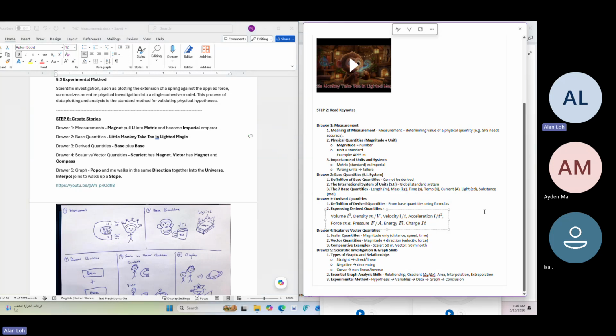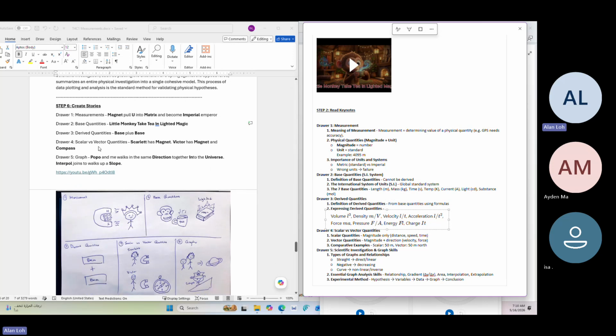You can change your own story if you like. If you don't like M, you like S, change it to something else, like S for submarine or whatever makes sense to you or can create emotions. So next, drawer number 3, the story is base plus base because it's a derived quantity. So base plus base.